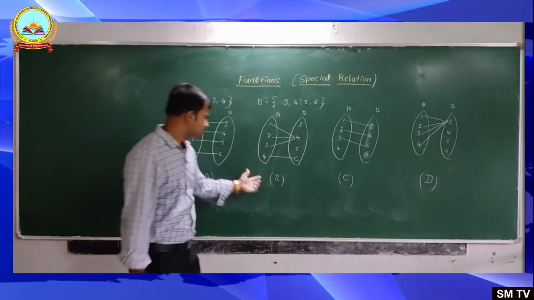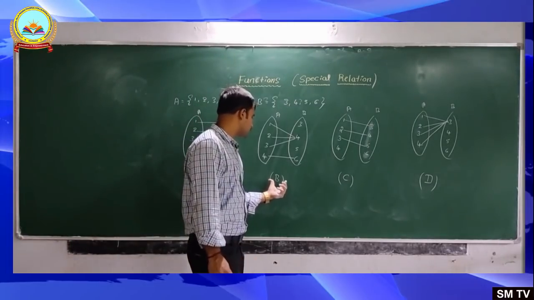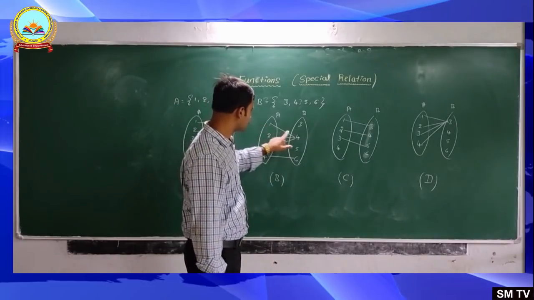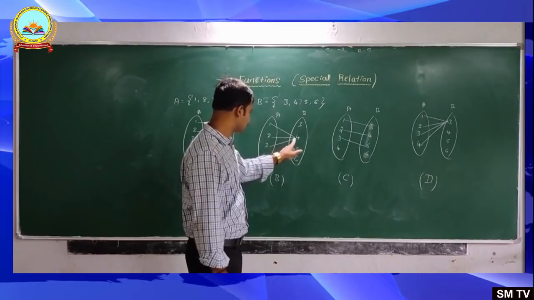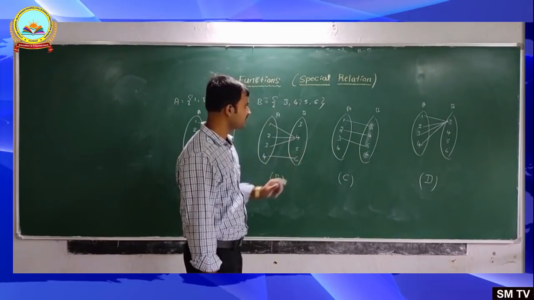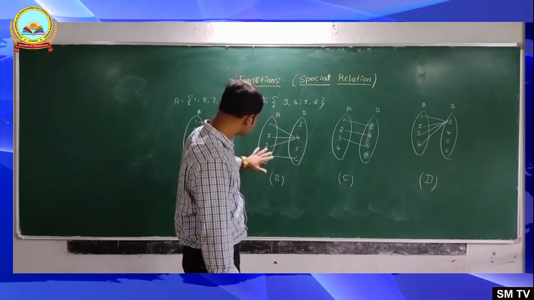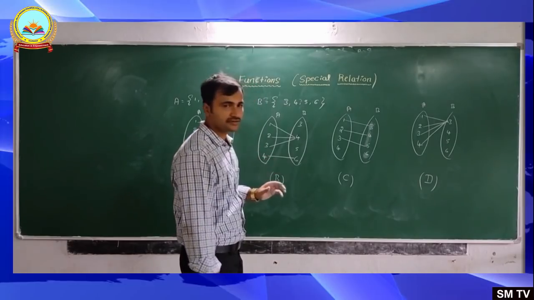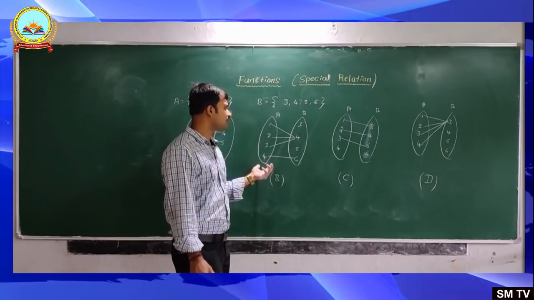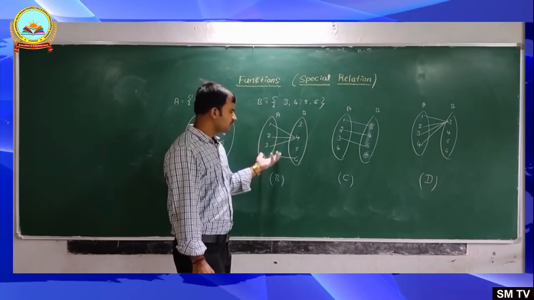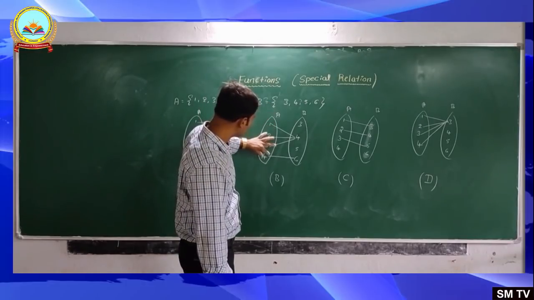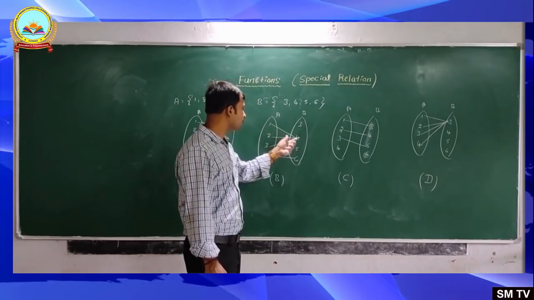Next, this B. Is it a function? The image of 1 is 4, the image of 2 is 4, the image of 3 is 4, the image of 4 is 6. Yes, definitely it's a function because the different elements 1, 2, 3, 4 each have one and only one image.